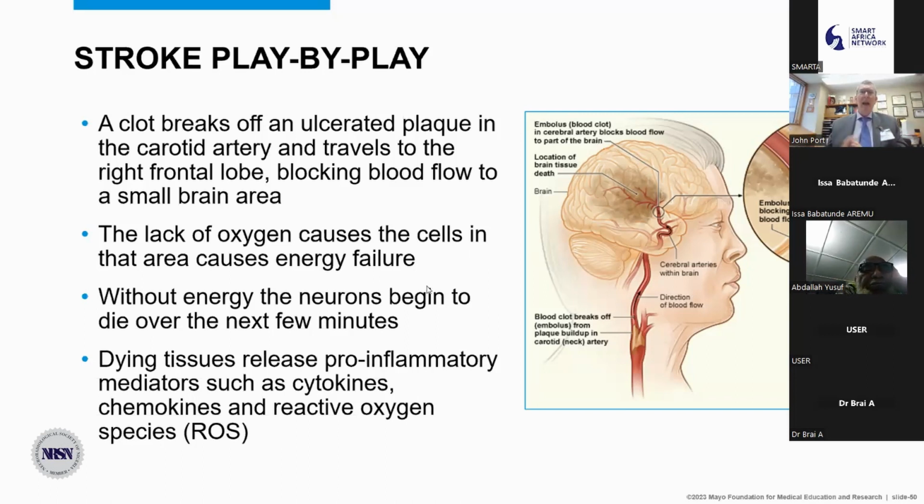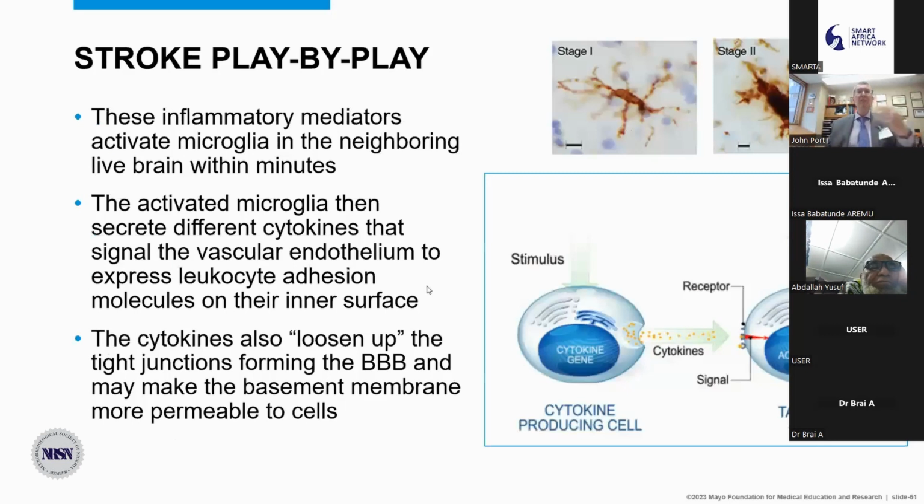Interestingly, even after the oxygen levels fall, that early, dying tissue and cells will release pro-inflammatory mediators, such as these cytokines and reactive oxygen species. So the cells are already starting to communicate that they're in trouble as the stroke is happening. Okay? These inflammatory mediators will activate the microglia within the region of the infarct.